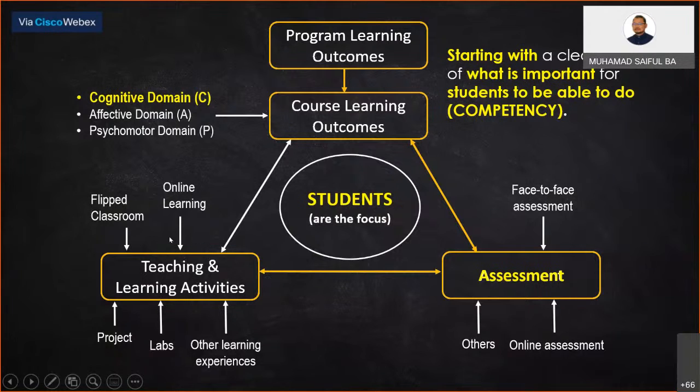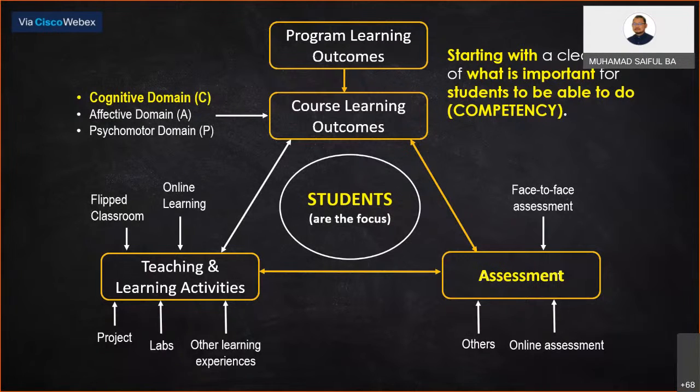So there are teaching and learning activities. Did they get adequate exposure, adequate experience, and adequate skills that provide an opportunity to unleash their potential before we assess them? Before the assessment, the teaching and learning activity must be appropriately aligned with the learning outcome, or the competency that we want them to achieve at the end of the course.